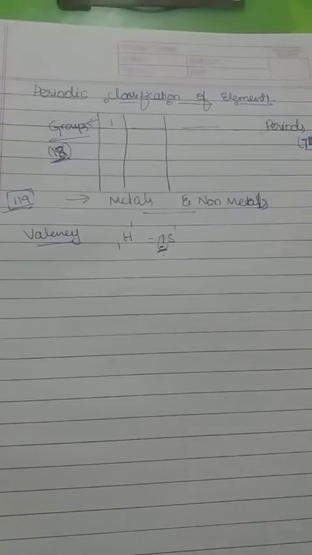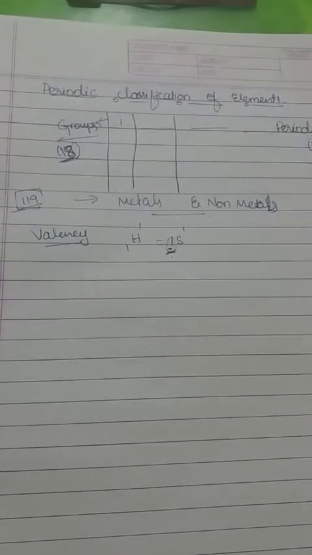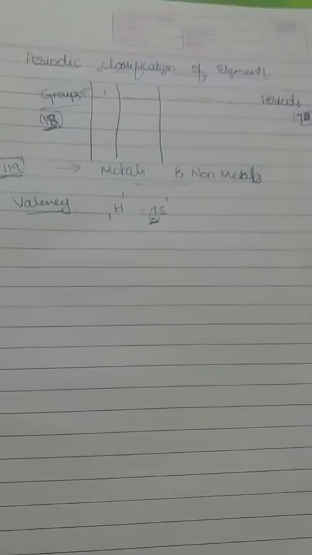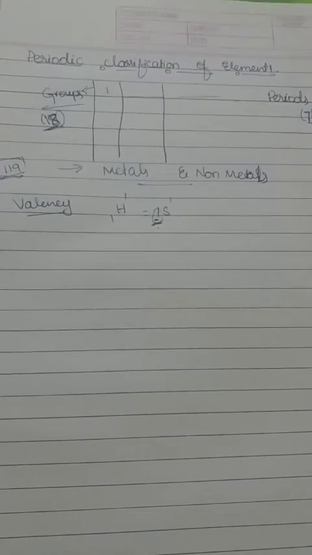Hydrogen comes in the first period, first group only, and there is a reason for it. Hydrogen has atomic number 1, mass number 1, and valency 1. Its electron is in the first orbit, which gives its period. Keep in mind.